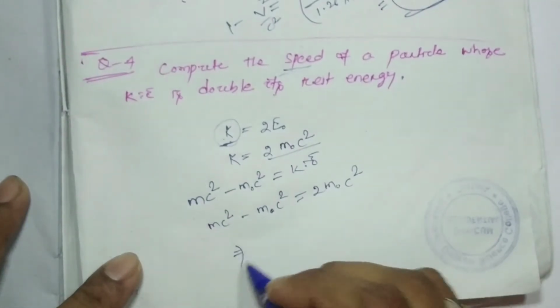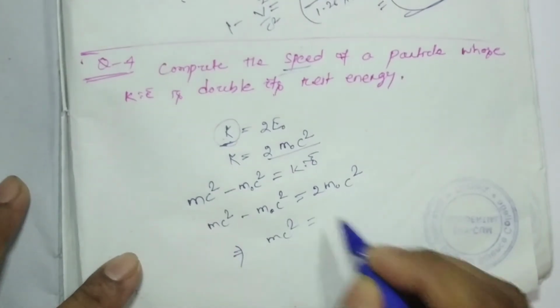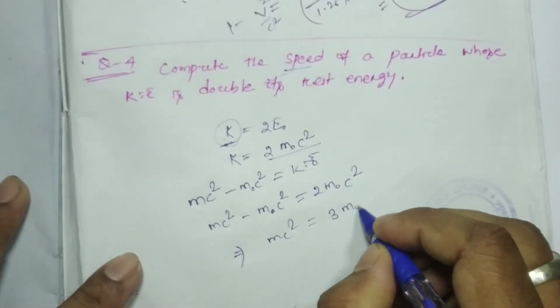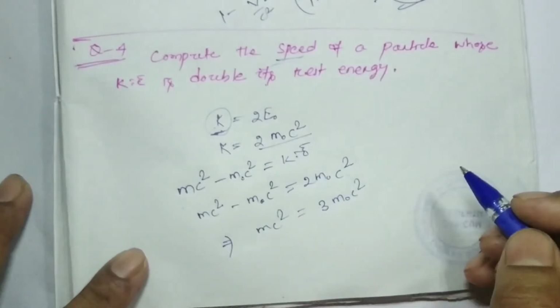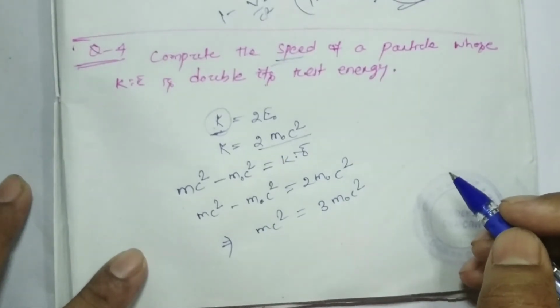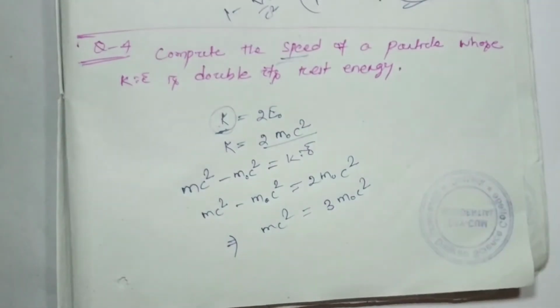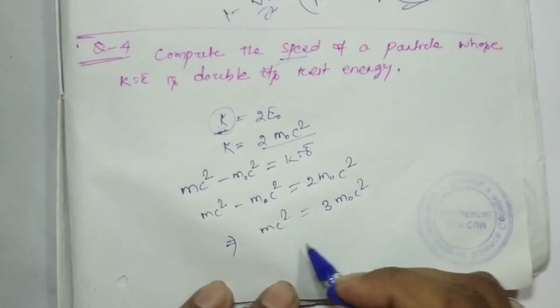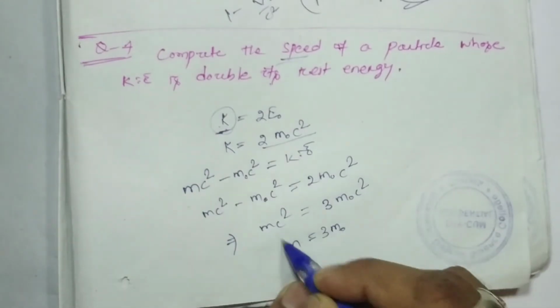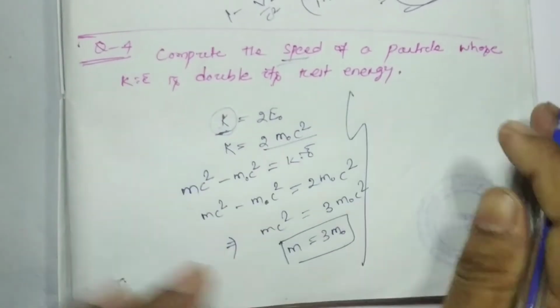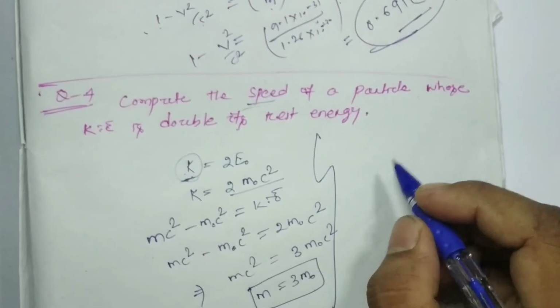That implies mc square is nothing but 3 m0 c square. Okay, so find its speed. Here we found that m is equal to 3 m0. Now how will we find the speed?